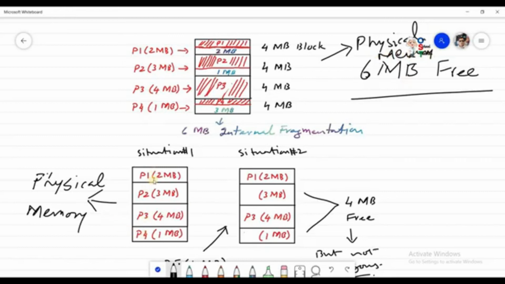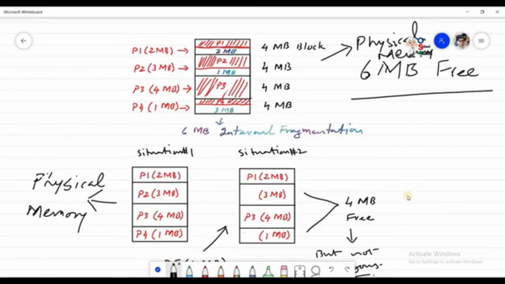Physical memory has been divided according to a requirement. P1 requires 2 MB, so 2 MB block has been made. P2 requires 3 MB, so 3 MB block has been made. P3 requires 4 MB, 4 MB block is there, and P4 requires 1 MB. So according to the requirement, the blocks have been made.